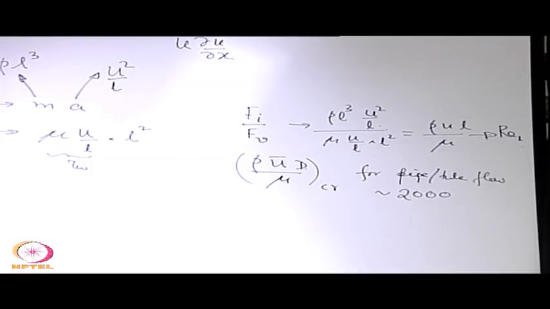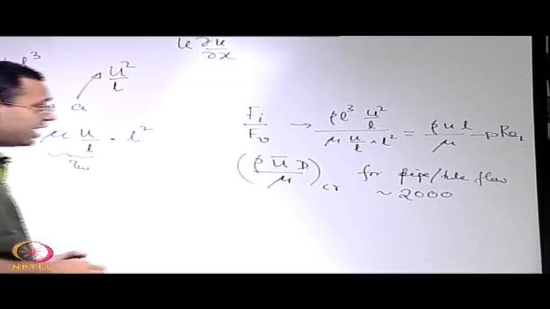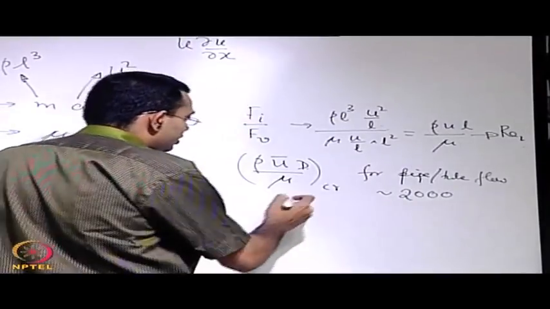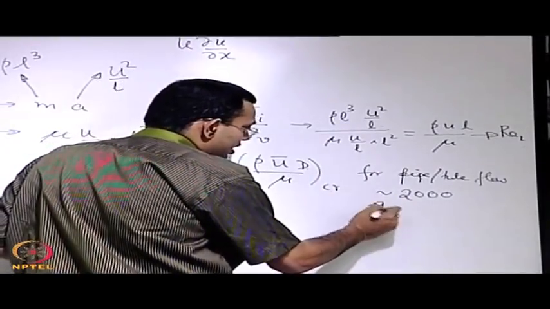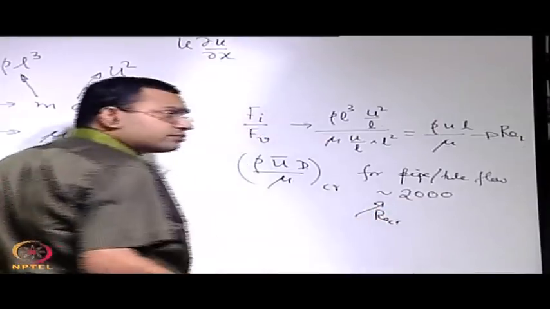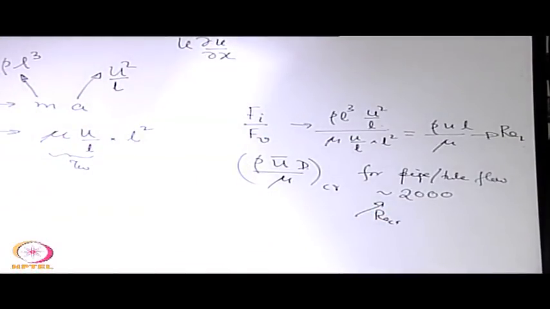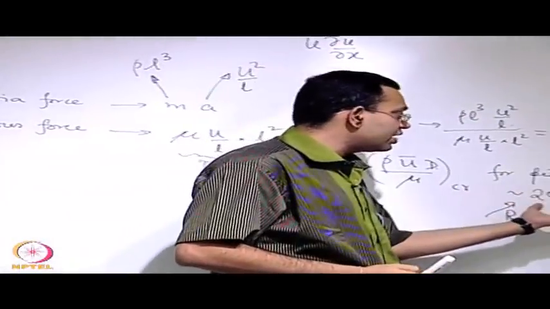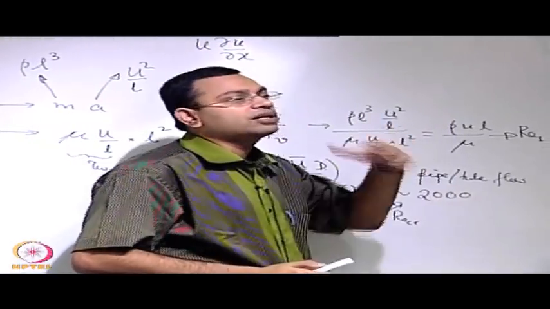So roughly within the range of 1700 to 2300, this was the range it was observed. So that means something happened at this. This later on is termed as a critical Reynolds number, not critical Reynolds number for all cases, but for flow through pipes and tubes, and this critical Reynolds number is different for different types of flows.